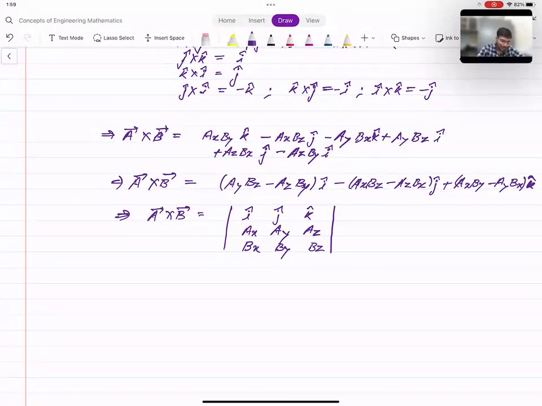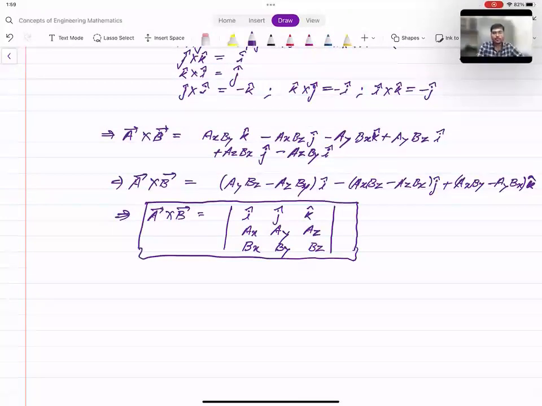So positive sign, and then ay bz minus az by. In this way, the cross product can be represented as a determinant. So this gives us the way to find the cross product.